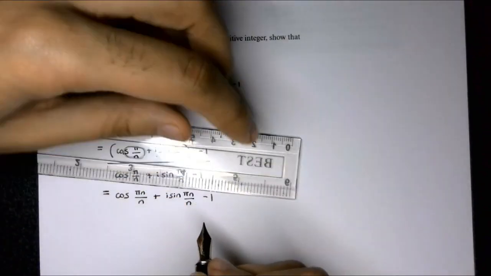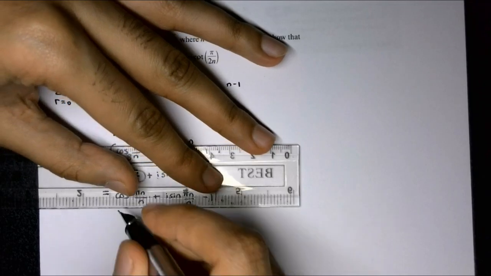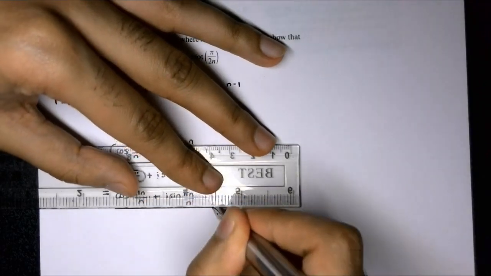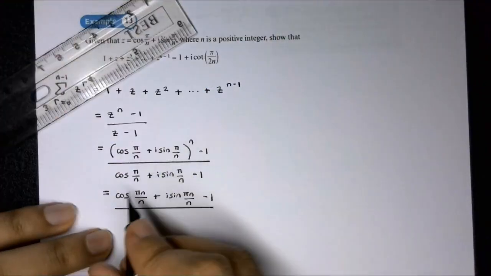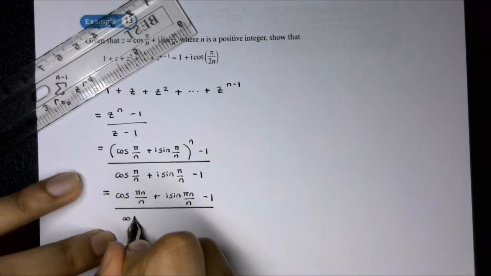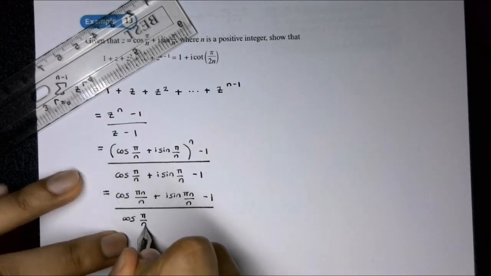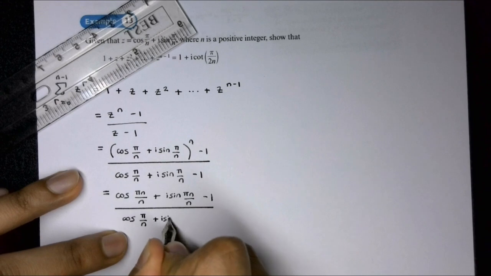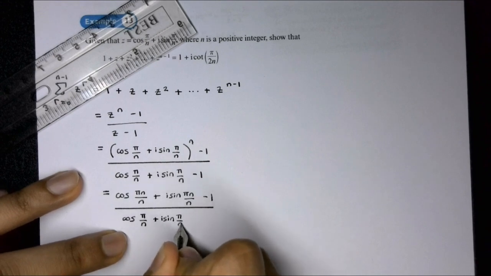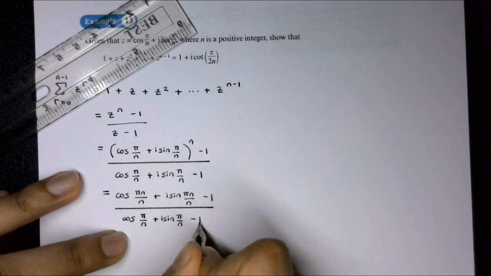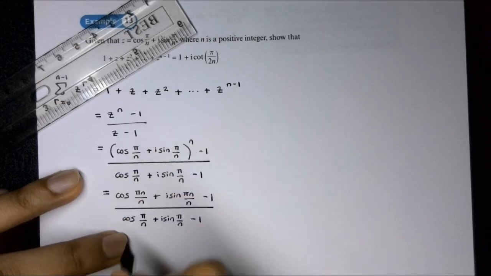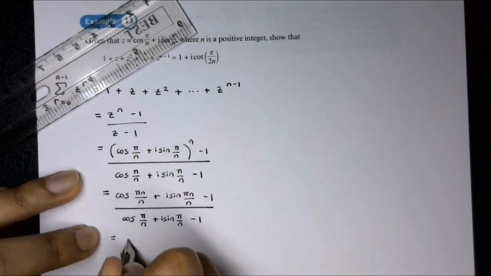The bottom is not going to change. On the bottom, we still have the cos of pi over n plus i sine of pi over n minus 1. And you can see the n's over here cancel.